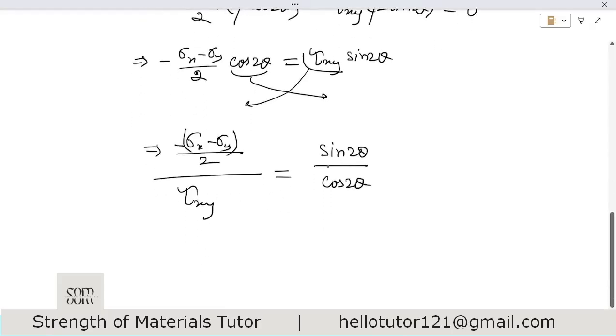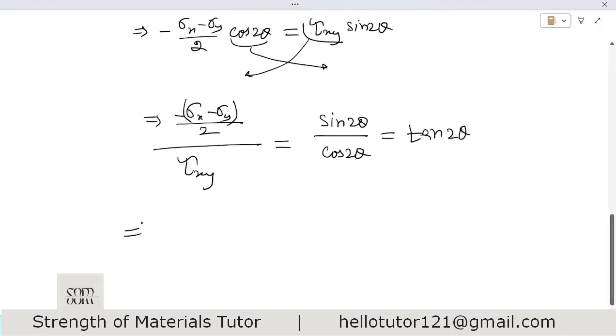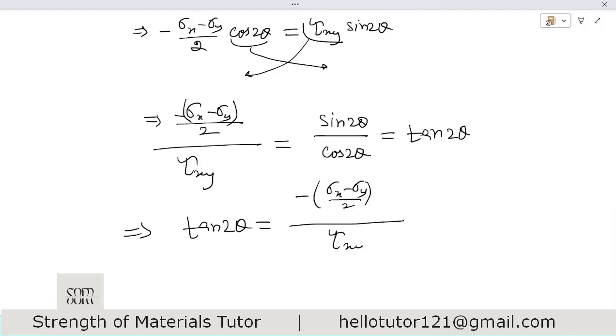So we know sine of an angle divided by cosine of the same angle is tangent of that angle, so it is tangent of 2 theta, right? So from here we got this relation, tan 2 theta is equal to negative sigma x minus sigma y divided by 2 divided by tau xy, okay?